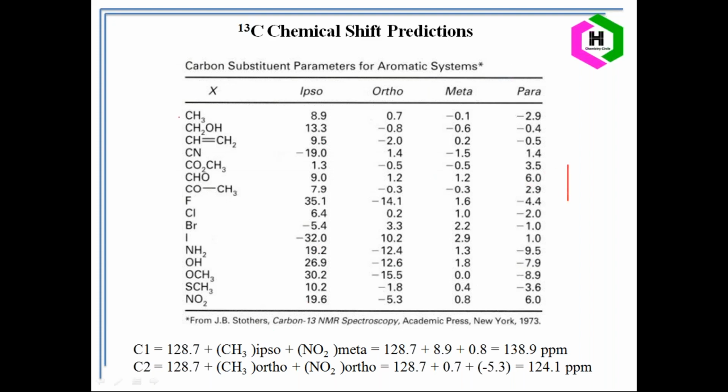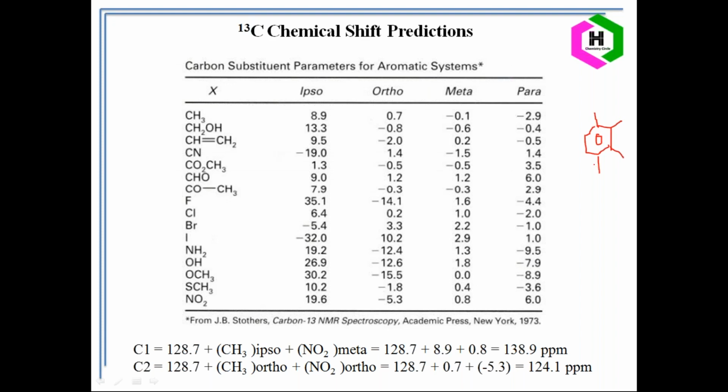If you have any substituent on the aromatic system, these are the different substituents and these are the different positions. Hope you understand the positions: this is the ipso position, this is ortho, this is meta, this is para.